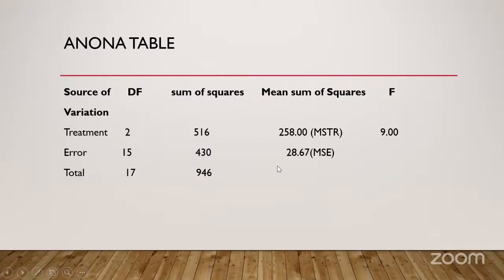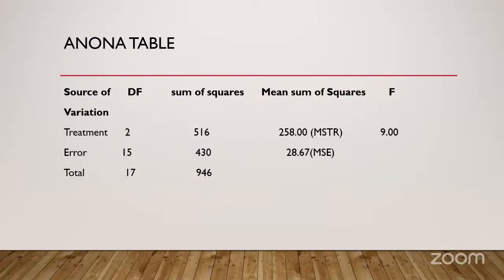Now, if you divide 258, the mean square of treatment, by the mean square of error, 28.67, your F value will be 9.